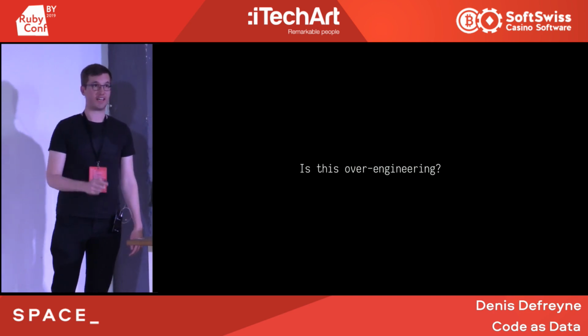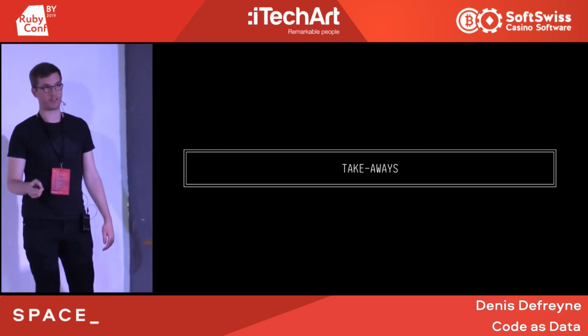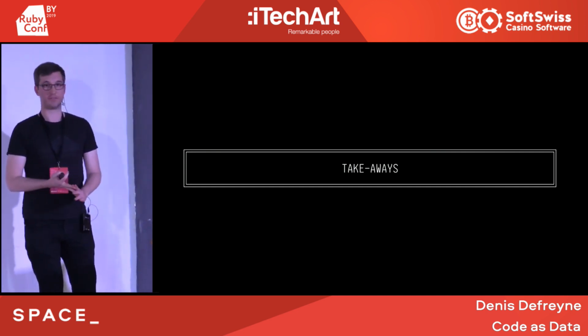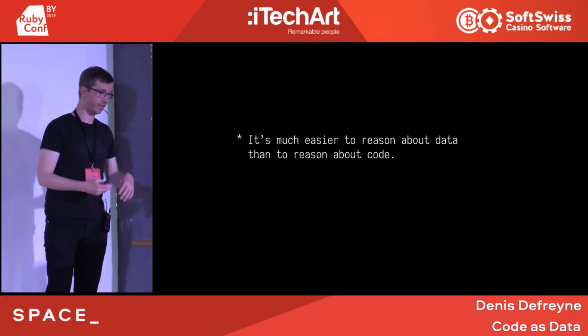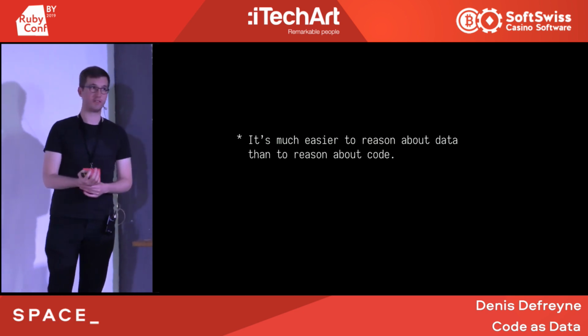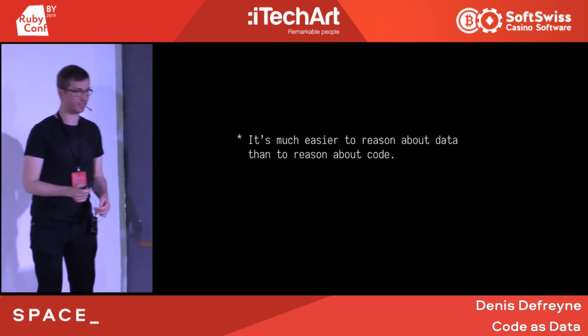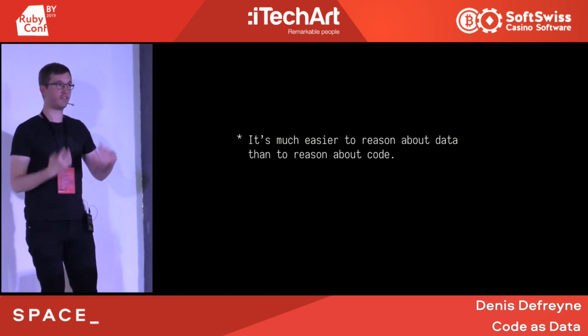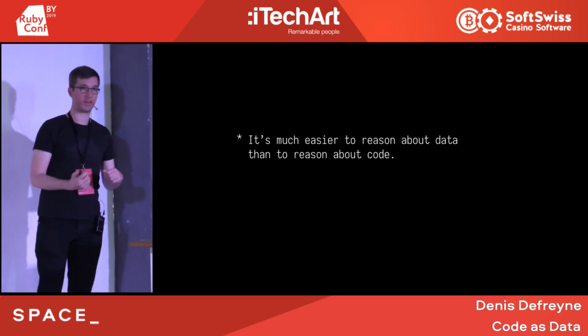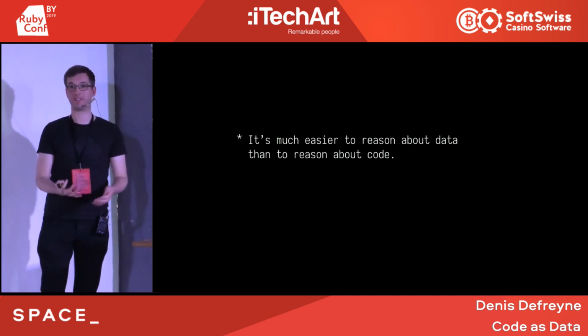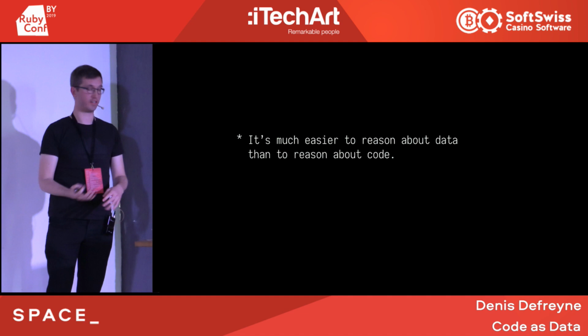That is nearly all I have, but I do have some takeaways before I end. I have two takeaways. The first one is that it is much easier to reason about data than it is to reason about code. Because you treat code as data, you can automatically generate breakdowns both textually and graphically.